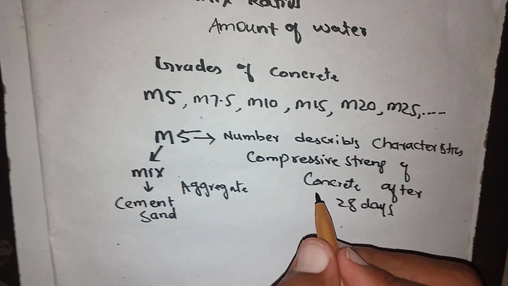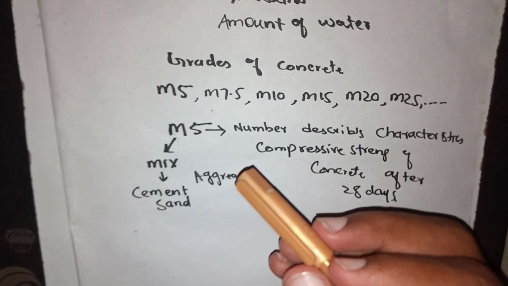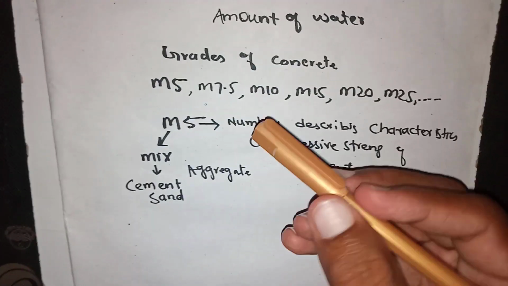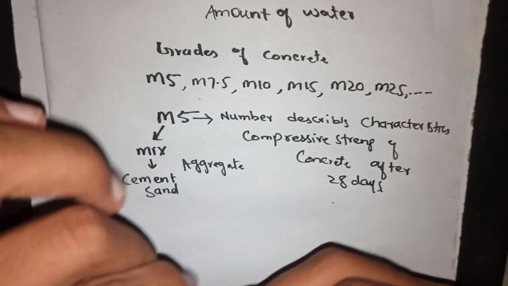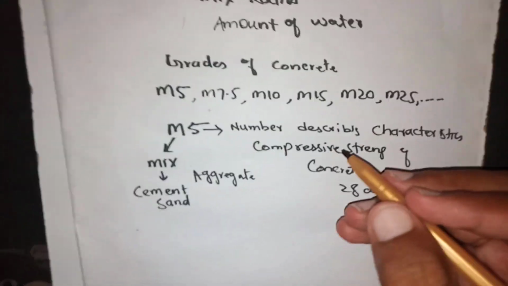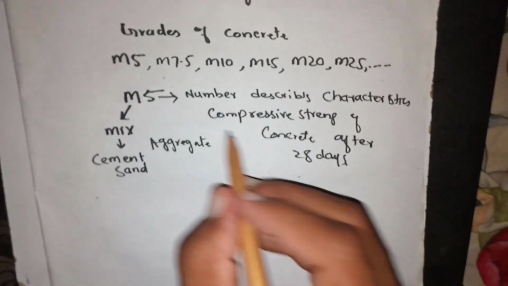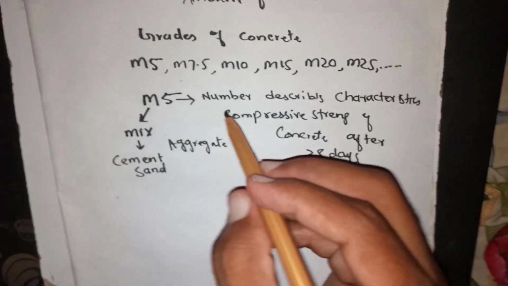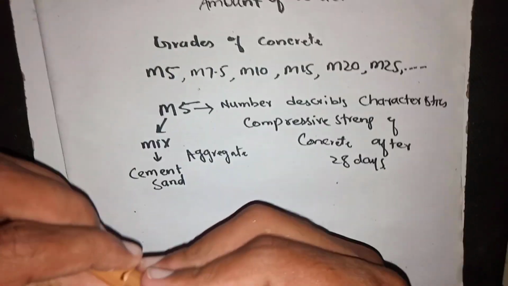So when you make a sample of concrete in the lab and cure it for 28 days, then you take it to the lab and perform the test in the direct compression testing machine, and then you get the value. So this is 5. This number shows the compressive strength of concrete after 28 days.